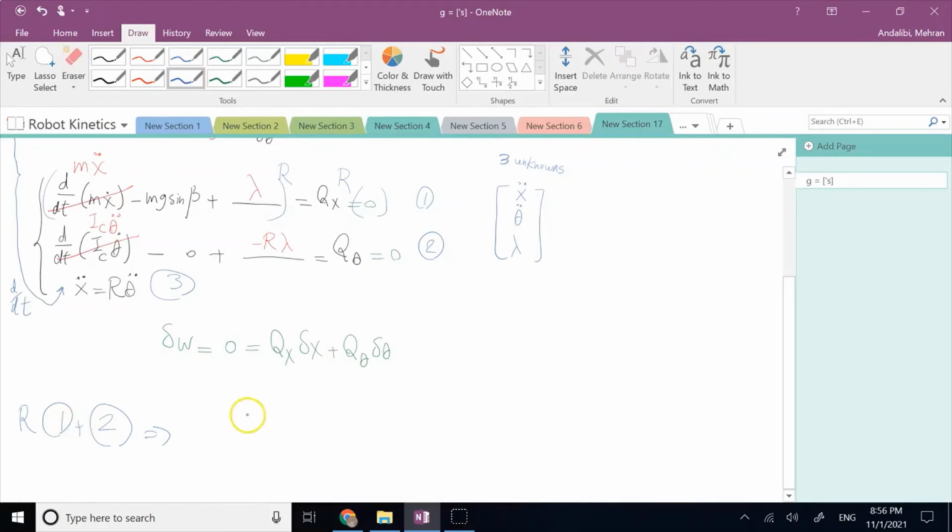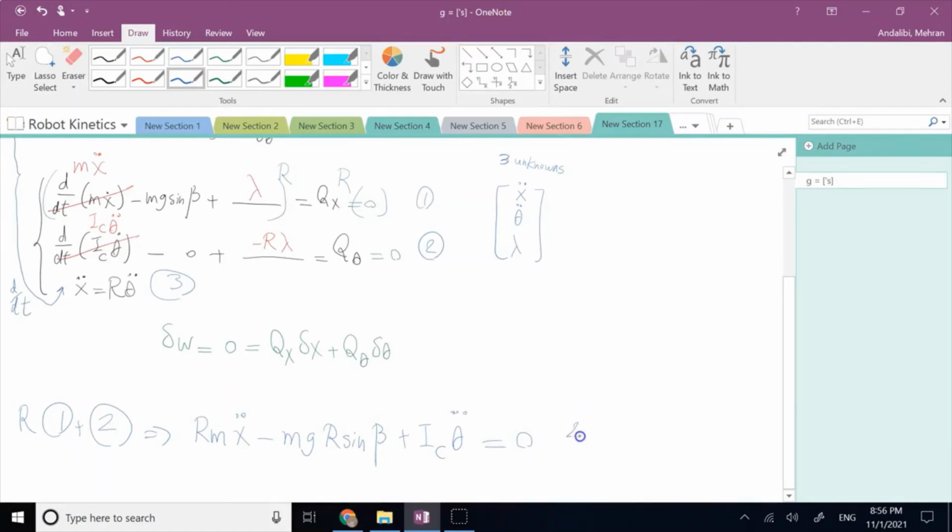If you do so, then what you will get is r m x double dot minus m g r sine beta, and then plus I about C theta double dot is equal to 0.